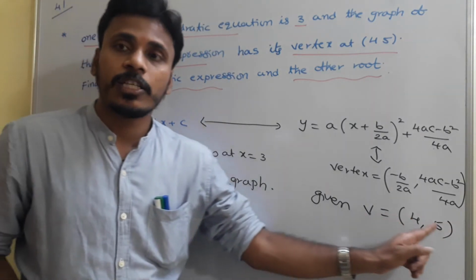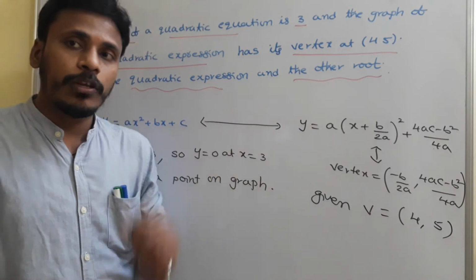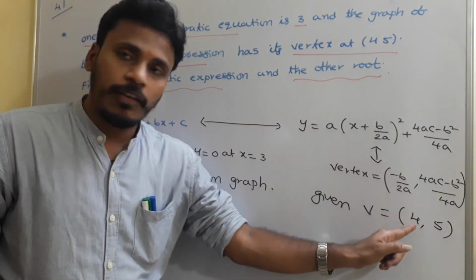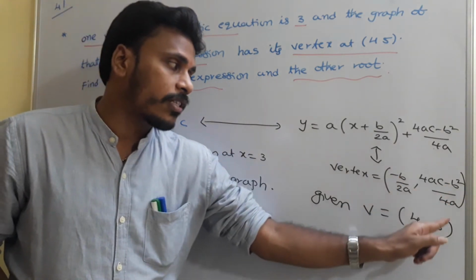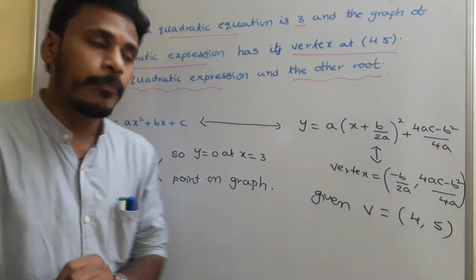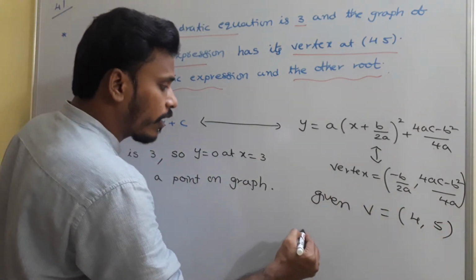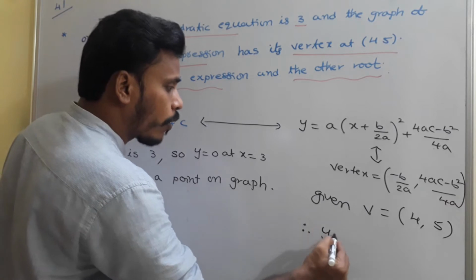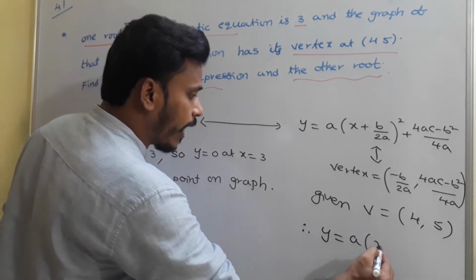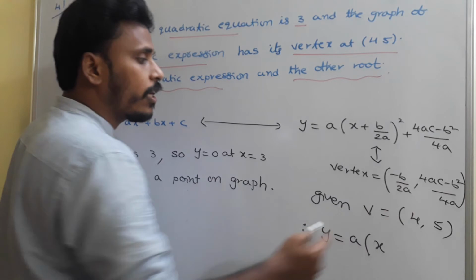Since the given vertex is (4, 5), we need to replace −b/2a with 4 as well as (4ac − b²)/4a with 5. From this we conclude that y = a(x − 4)² + 5, so b/2a is −4.